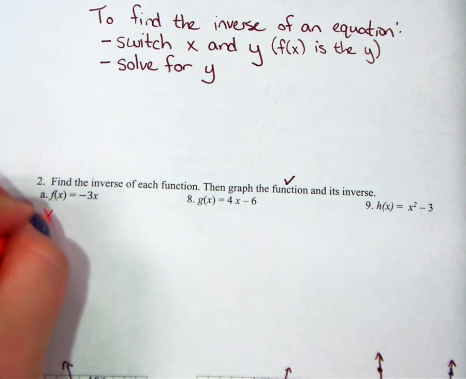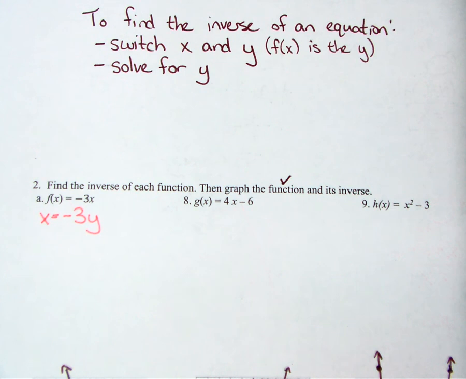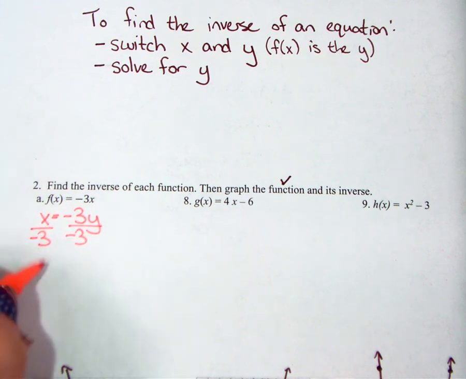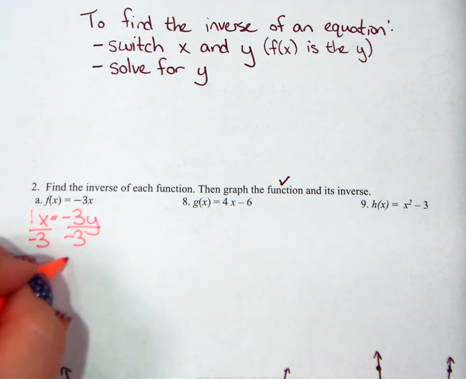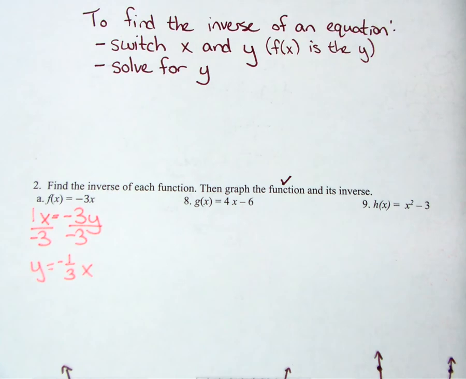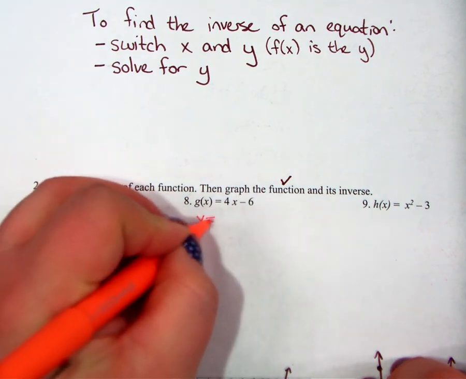First step, switch x and y. So this becomes x equals negative 3y. Next, solve for y. So I have to divide by negative 3. So I get y equals, remember there's like a 1 in front here, so negative 1/3 x. For the next one, to find the inverse, switch x and y.